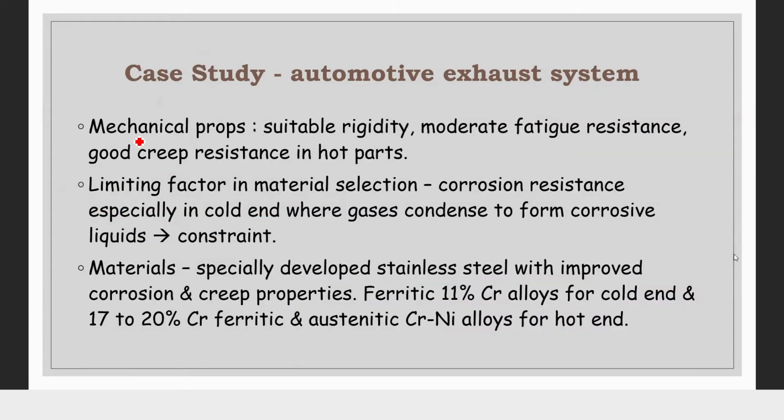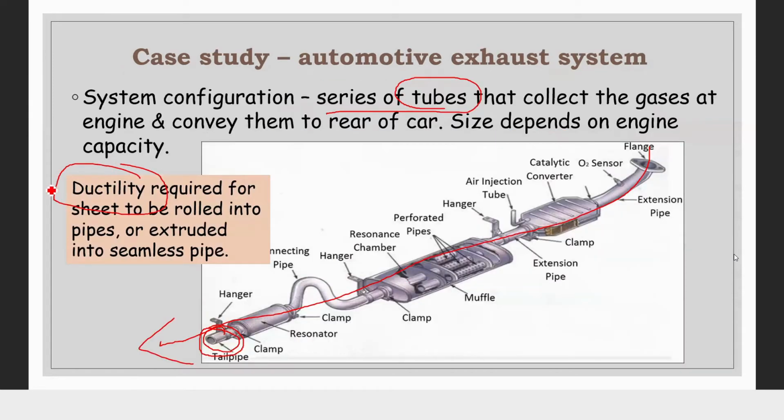Mechanical propertiesnya, satunya suitable rigidity sebab dia kena maintain. So sufficient strength, suitable rigidity. Fatigue because of moving vehicle tadi. And creep resistant adalah juga required. Satu yang kita tengok tadi, ductility tadi.